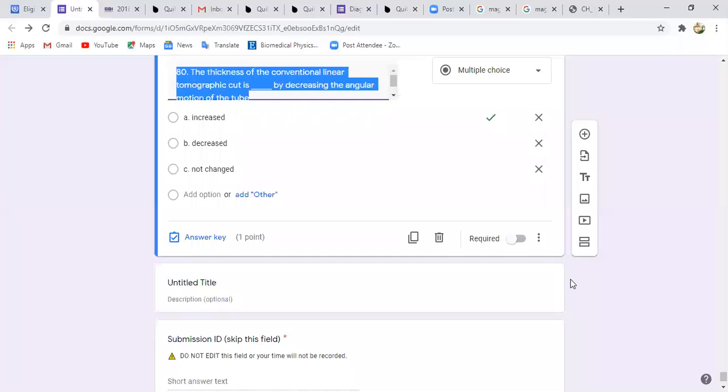If we decrease the angular motion, we are, no, no. This is a decrease. It's not an increase, because if we decrease the angular motion, we are actually sectioning a smaller part. But if we increase the angular motion, it means we are going just like a normal CT. I think there's a problem here. I didn't pick the right answer when I was preparing it. So it's actually B, not A.